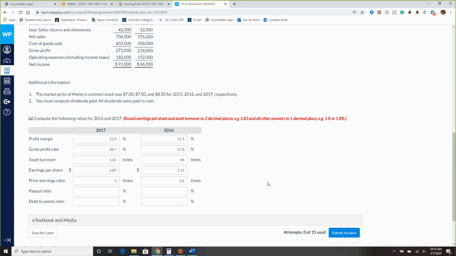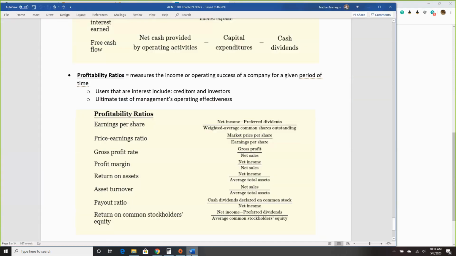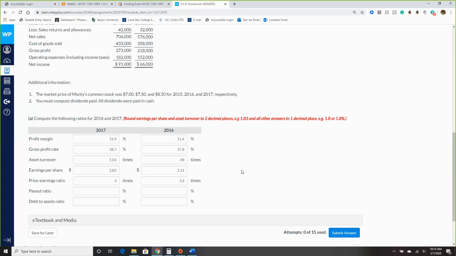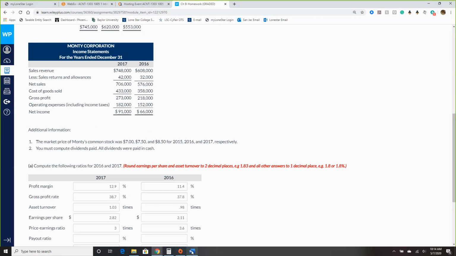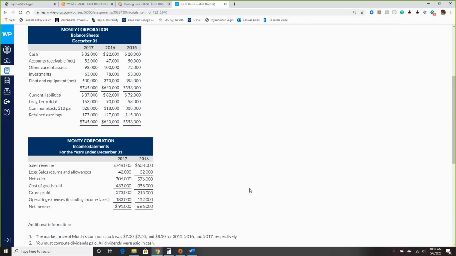Okay. Next is the payout ratio, which is cash dividends declared on common stock divided by net income. Okay. So this one we actually have to compute dividends paid. Let's see how this is going to work here.